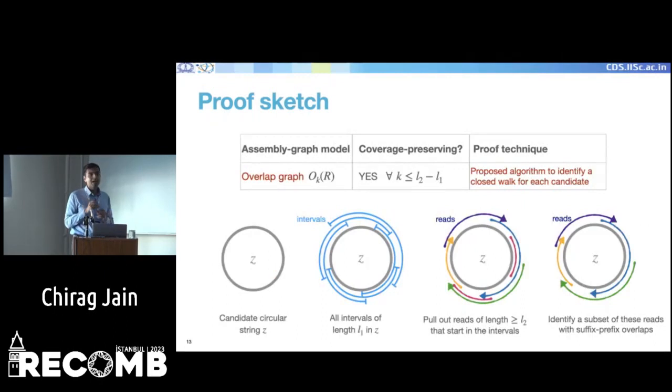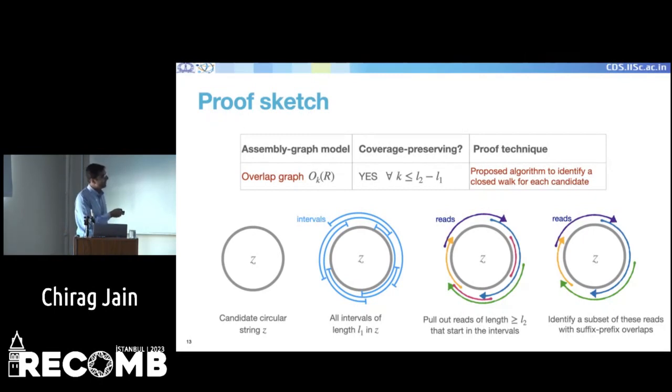Next, for overlap graph, we have to be slightly more careful because now the vertex label lengths in overlap graphs are variable, and even the suffix-prefix overlap lengths are now variable, unlike a de Bruijn graph. So we need to be more careful, and here the proof technique that we used is that we gave an algorithm that if you give me a candidate string, I'll give you a walk in the graph that spells the candidate string.